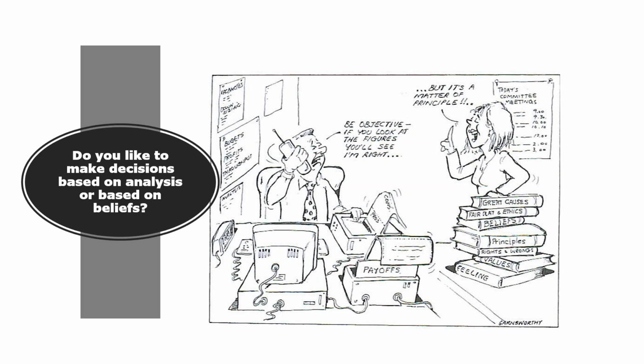And you look at the person on the right-hand side and you can note that they have all this reading material around philosophy and beliefs and feelings and values, and they're talking about the principle of the matter. So how do you like to make decisions? Do you base decisions on values, or do you base decisions on analysis? Or if you're like me, it just depends on what it is that you're dealing with.